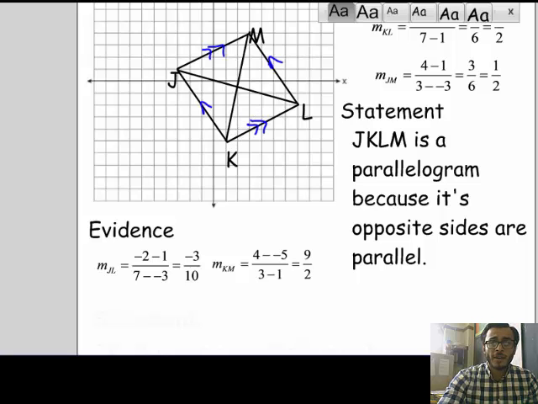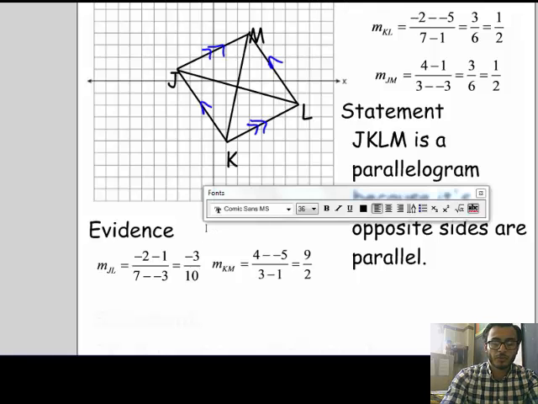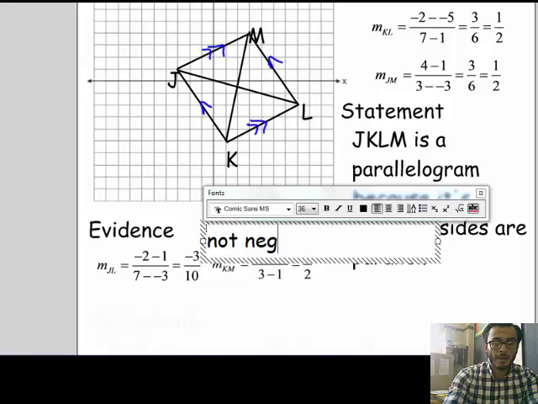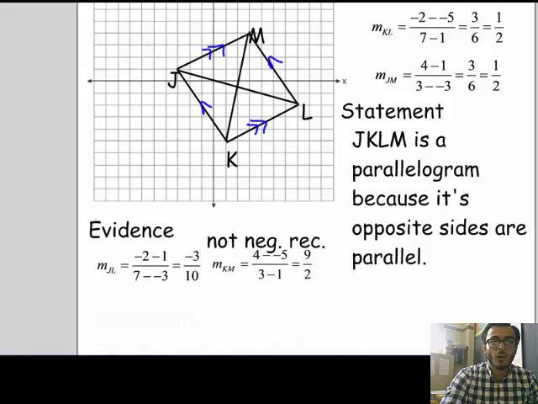So from that, you could see that these slopes are not negative reciprocals. Not negative reciprocals. And what that means is that these lines are not perpendicular. The diagonals are not perpendicular. So if the diagonals are not perpendicular, then we know the figure is not a rhombus, because that's one of the properties of a rhombus.